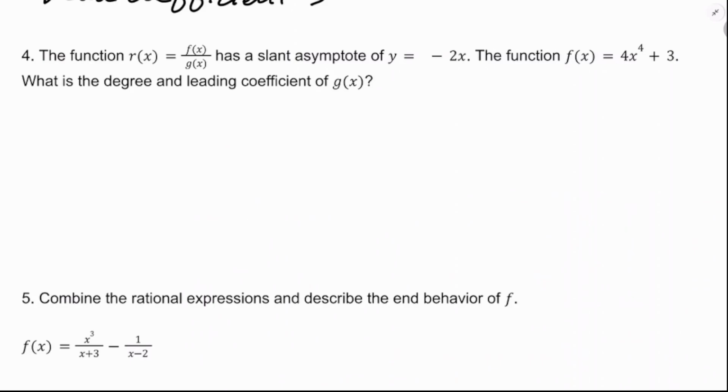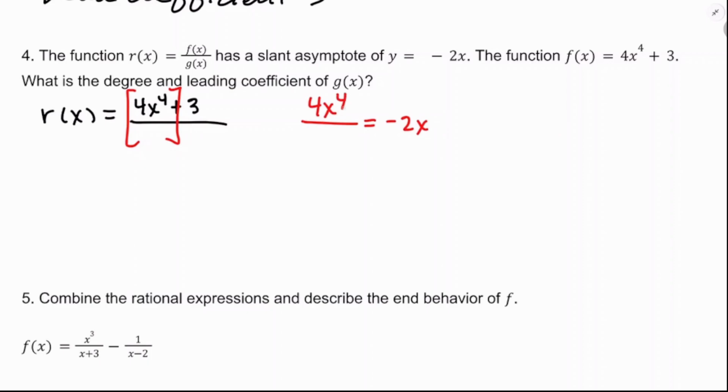All right, another one. I think this is exactly the same. r of x equals 4x to the 4 plus 3 divided by g of x. So we've got to think about what would be the degree and leading coefficient there to make the end behavior equal to negative 2x. So I've got 4x to the 4 divided by what?